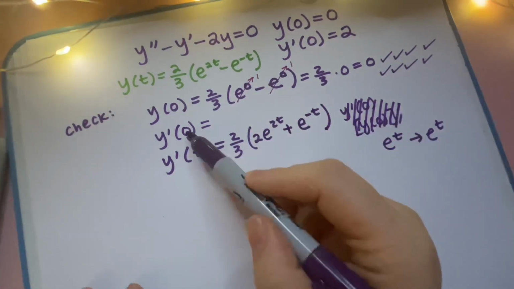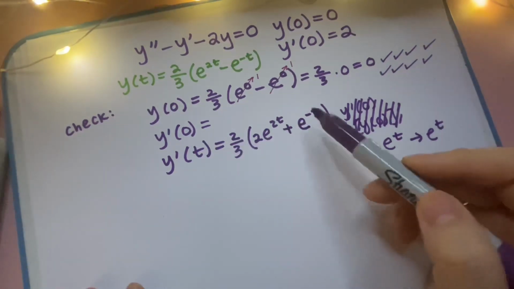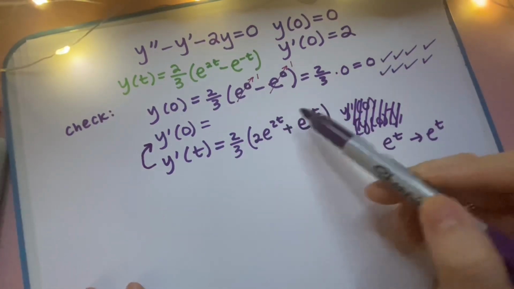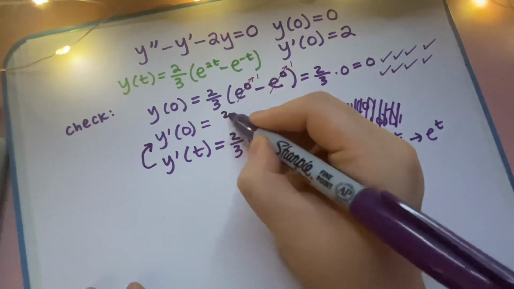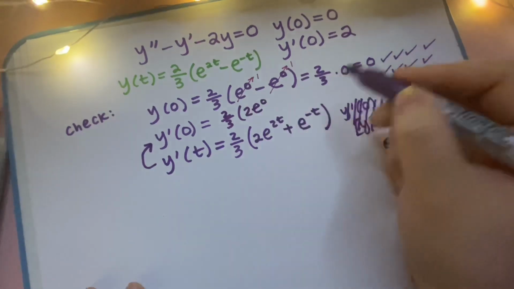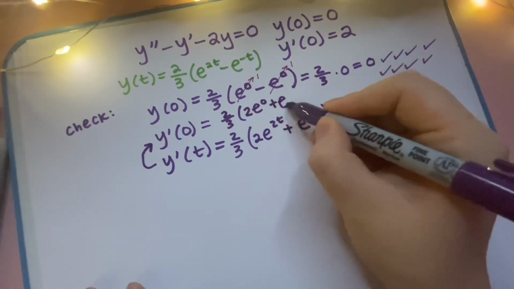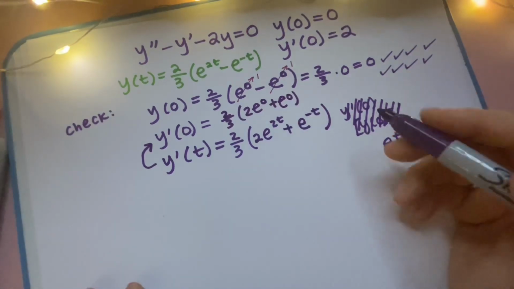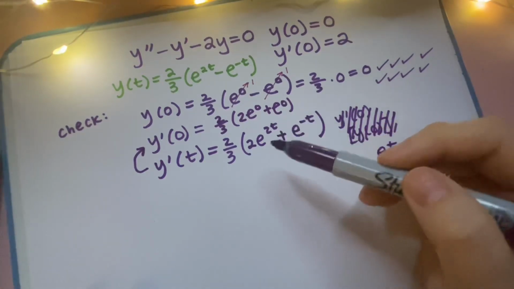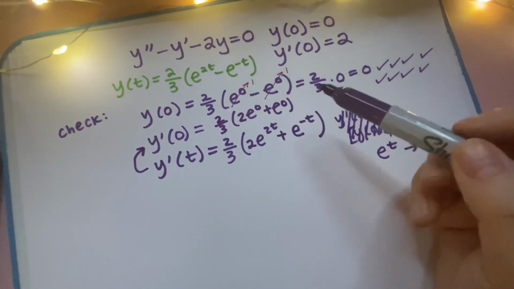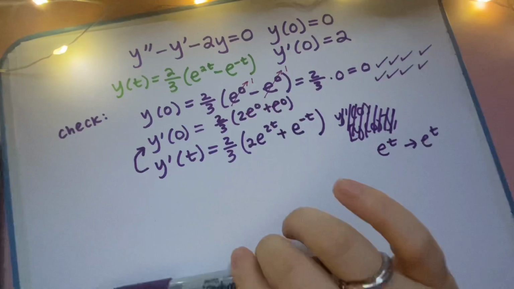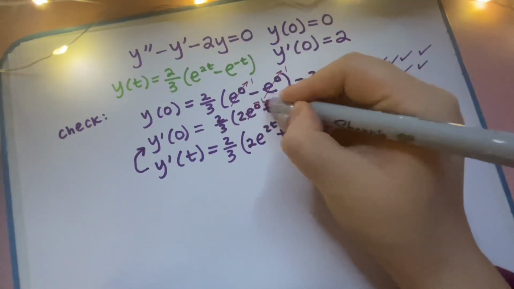So when I plug in 0 now, to check y prime of 0, I put in 0 wherever I see a t. So I have 2/3 times 2e to the 0 plus e to the 0. This is just for the sake of writing it all out, but usually when you confirm initial values with exponential functions, it's really nice because e to the 0 always goes to 1. That's just easier to work with.